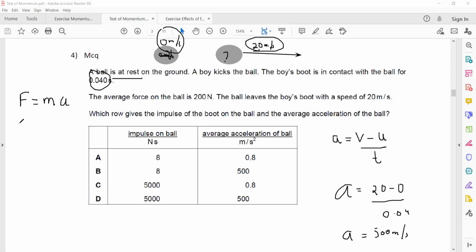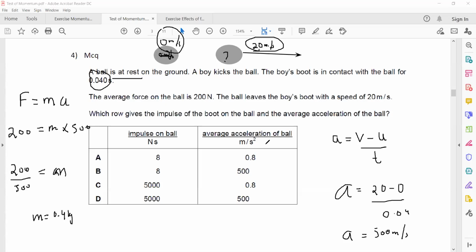The force which is given in the question is 200. Mass of an object we don't know, and acceleration we just found, which is 500. So 500 is multiplied, on the other side it will be divided. So this will be 200 divided by 500, or 2 divided by 5, we will get 0.4, the mass. So mass of the object is 0.4 kg.